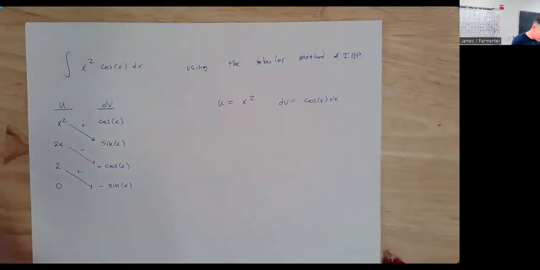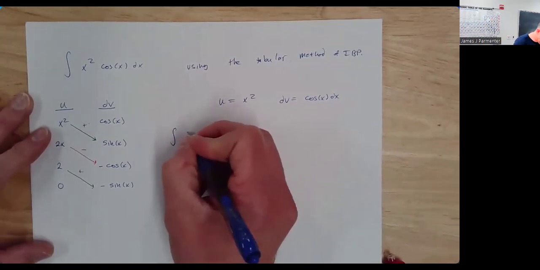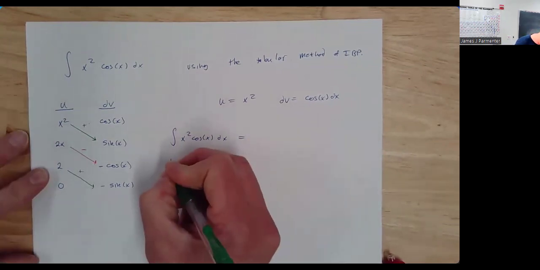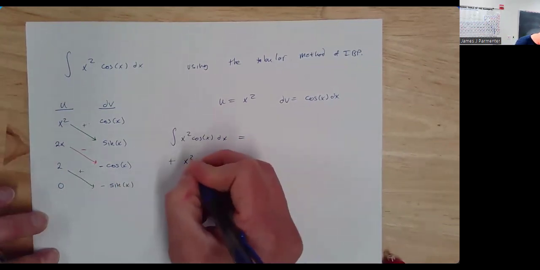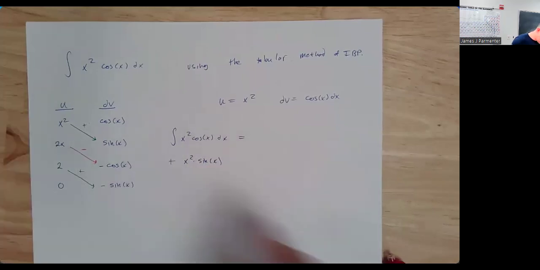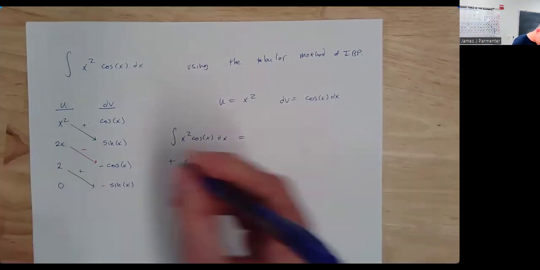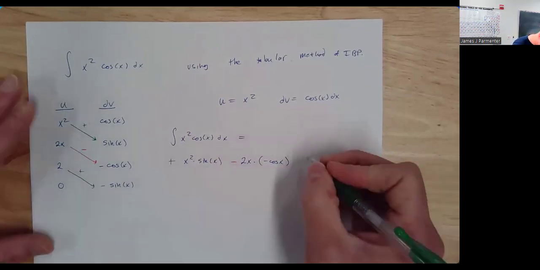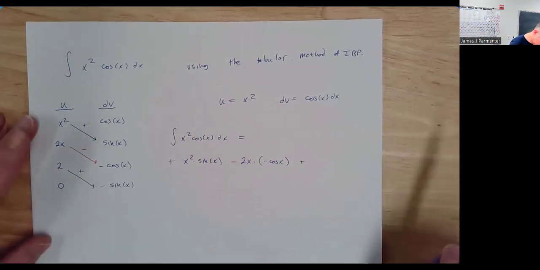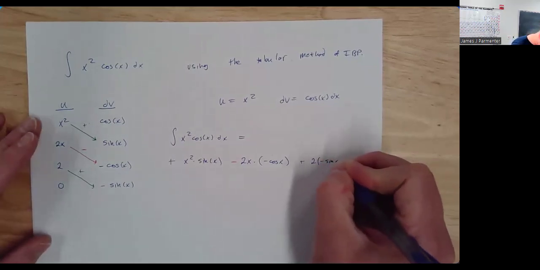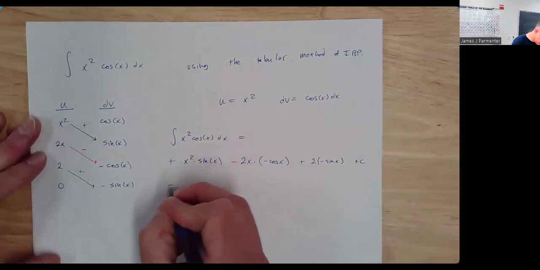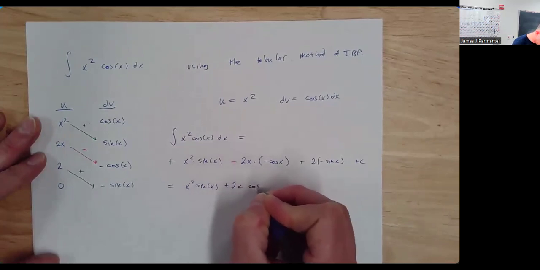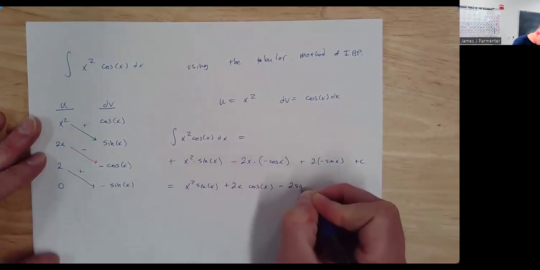So to find our answer here, the antiderivative of x squared times cosine of x dx is going to be equal to plus x squared times sine of x minus 2x times negative cosine of x plus 2 times negative sine of x plus c, and then we should rewrite it as x squared times sine of x plus 2x times cosine of x minus 2 times sine of x plus c.